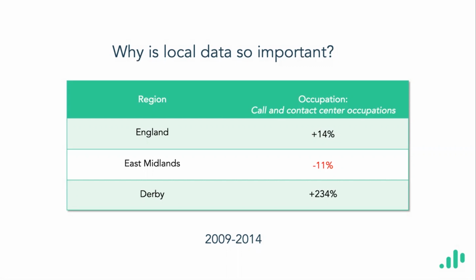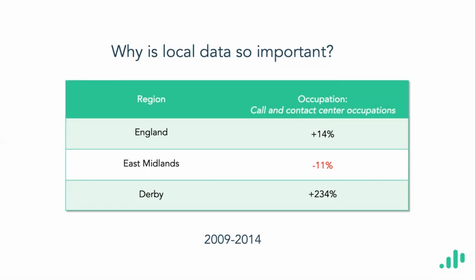If we drilled that down to the East Midlands, it was actually a minus 11%. So most people would have probably stopped at that level and said, actually, we don't want to look at that in too much more detail. But when you actually drive right down into Derby, it's actually a significant increase. So it just shows you there the importance of looking at the data at different levels.